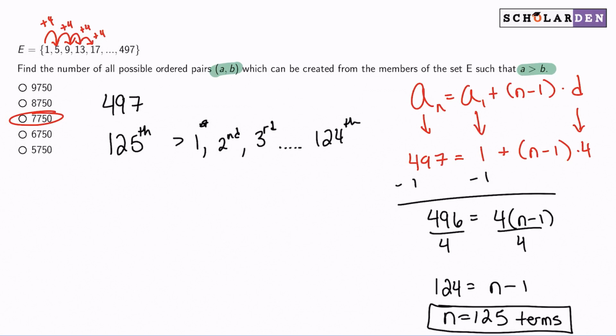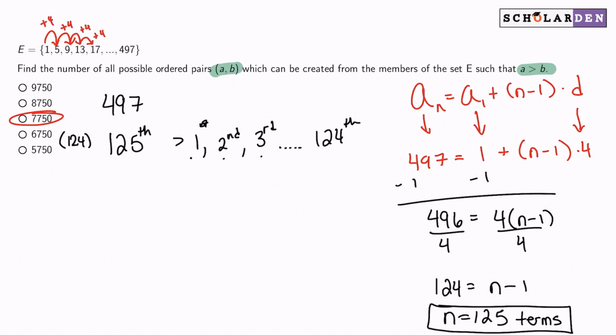So that would be 124 cases there. 124 ordered pairs to start off with. Because again, that's 1, it's greater than 2, then 3, then 4th, and the 5th, all the way to the 124th term. So right here we have 124 terms.